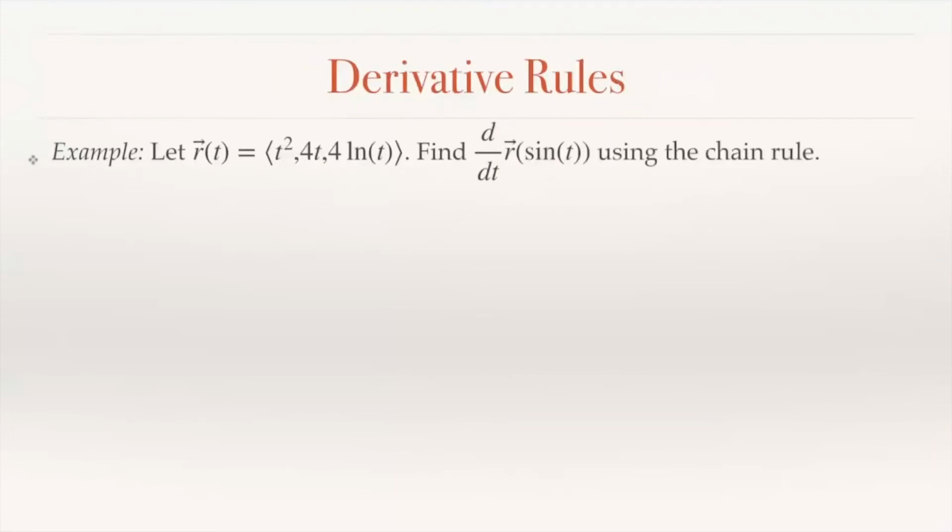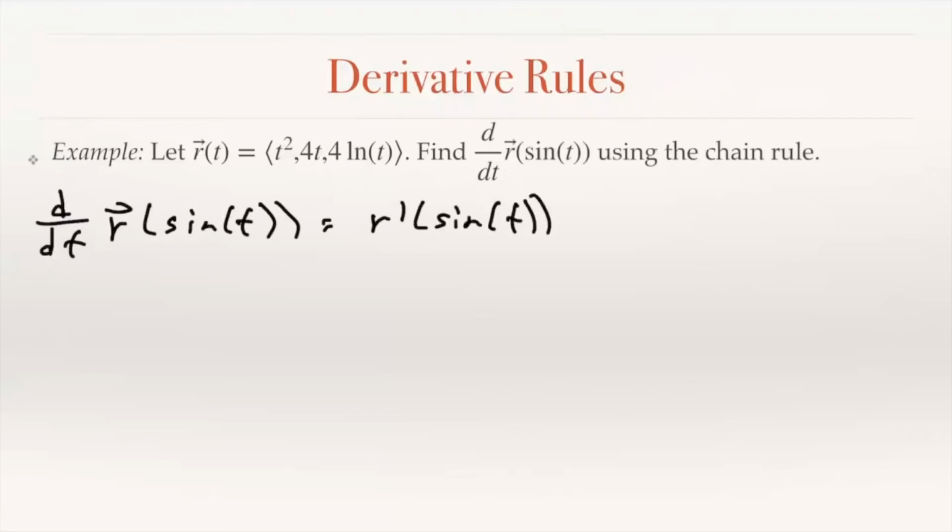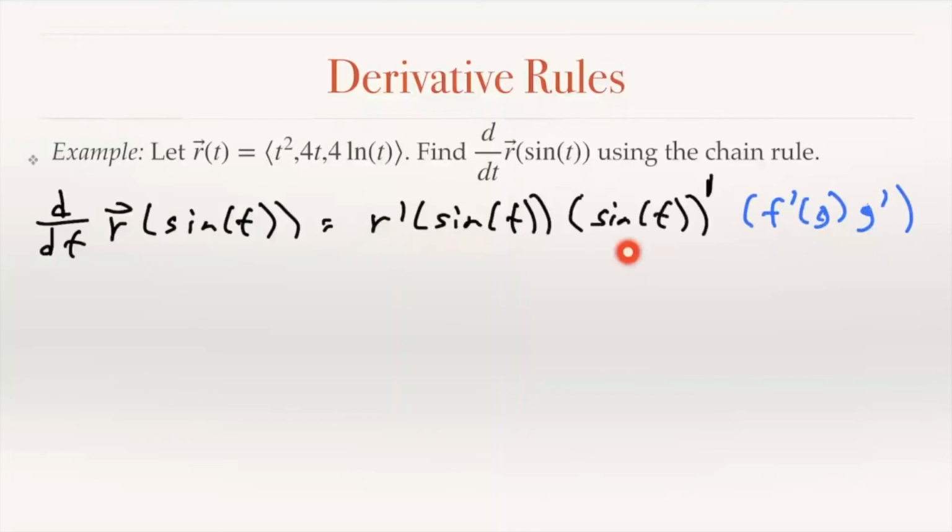Okay, so d/dt of r of sine of t is, by the chain rule, r prime of sine of t times, well, sine of t prime. This is our f prime of g times g prime, the ordinary chain rule, but now it applies, as we know, to vector valued functions.